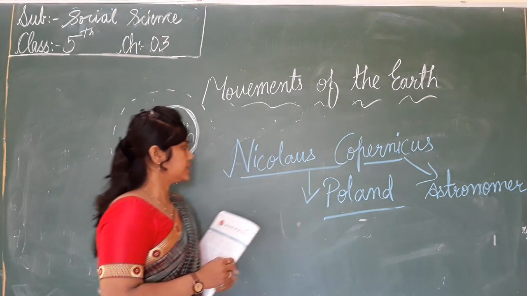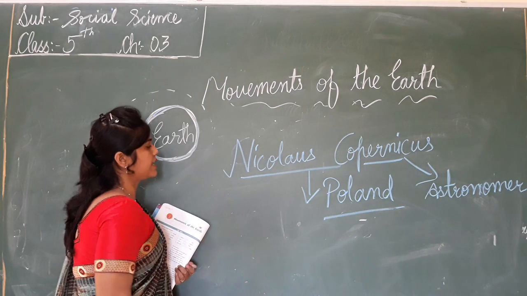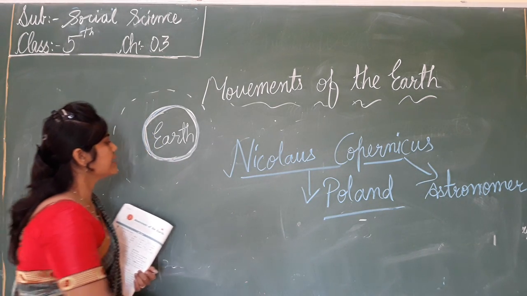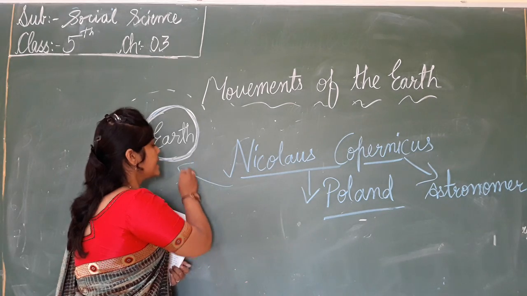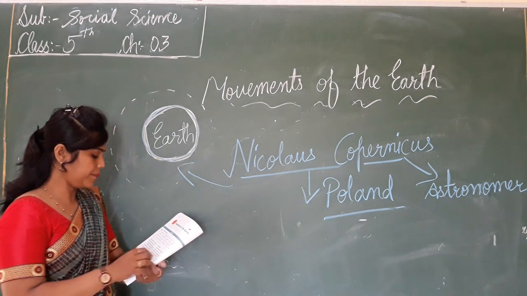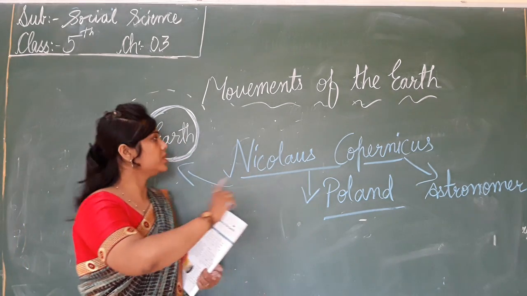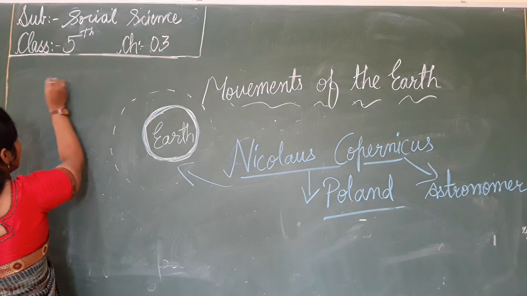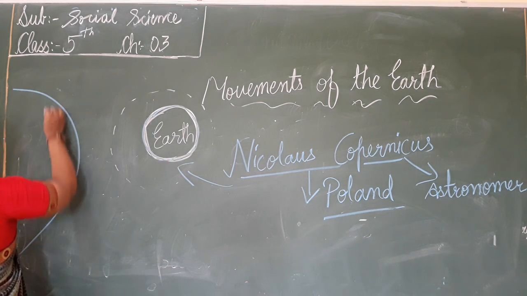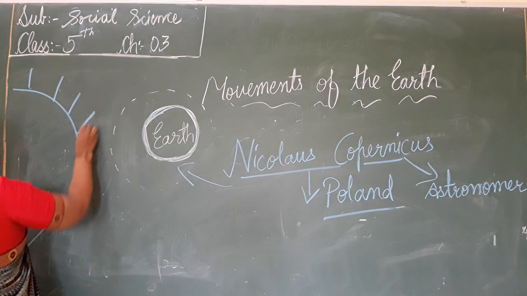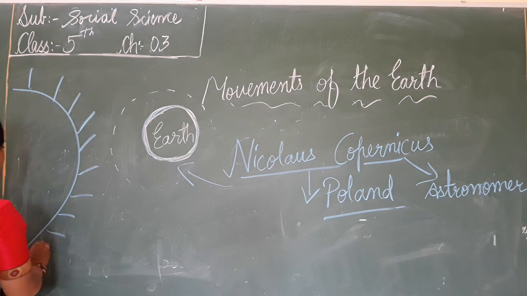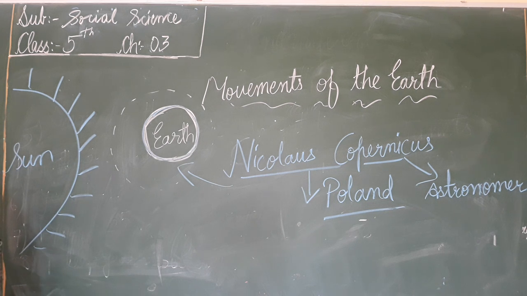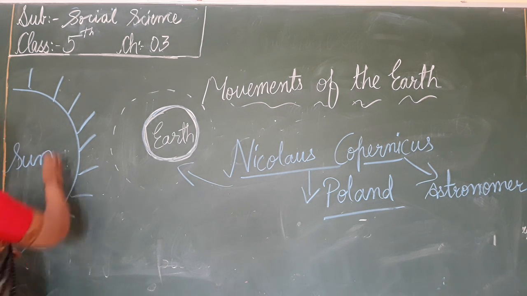But this first astronomer, Nicolaus Copernicus, said that the earth spins on its axis and moves around the sun. This is the sun.